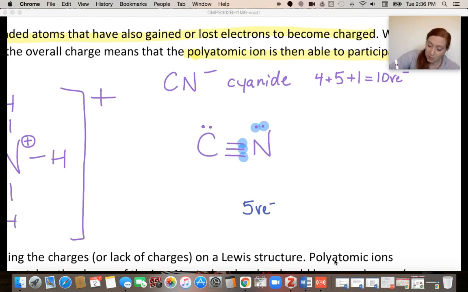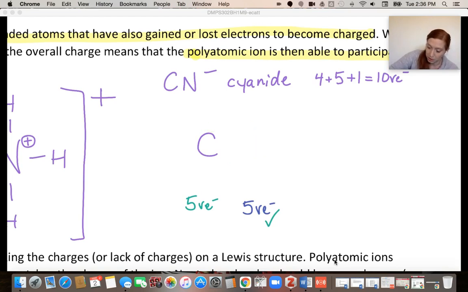If I do the same thing, let's use green, there's 1, 2, 3, 4, 5 valence electrons for the carbon. Now, do these match up? Nitrogen has 5 valence electrons, and in the structure there are 5 electrons around it, so that works out. But carbon should have 4, and it's got 5 here. So that's where our negative charge comes from.